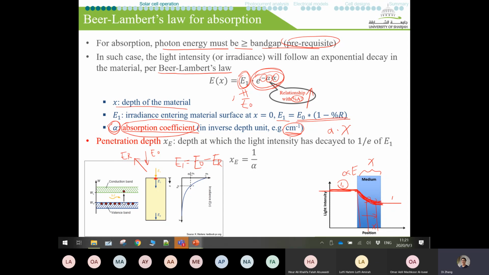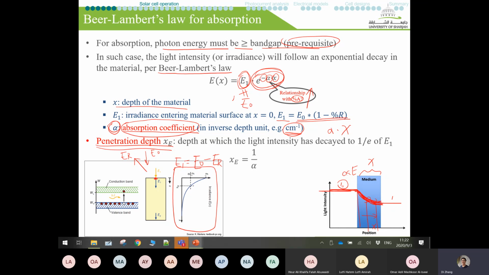Because we're talking about exponential decay, there is another term that we typically use to reflect how capable the material is in absorbing light. This term is the so-called penetration depth, XE. What does it mean? For that you need to look at this plot. Probably it's better to rotate this by 90 degrees.